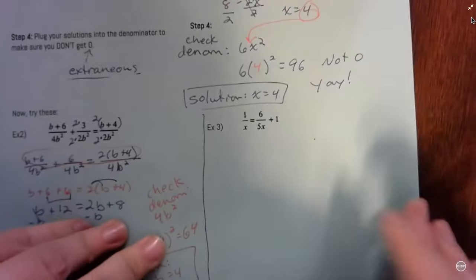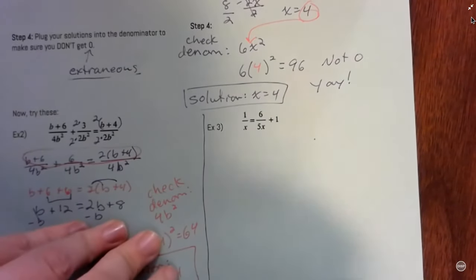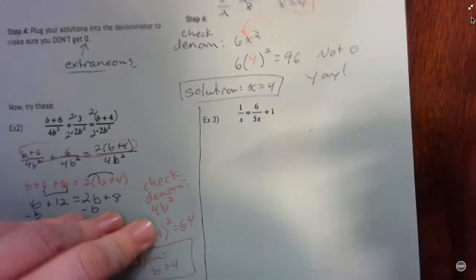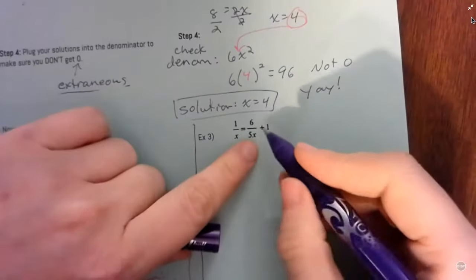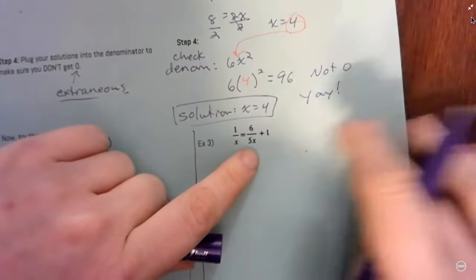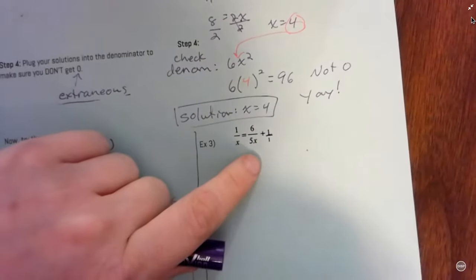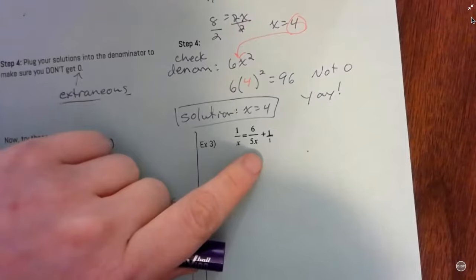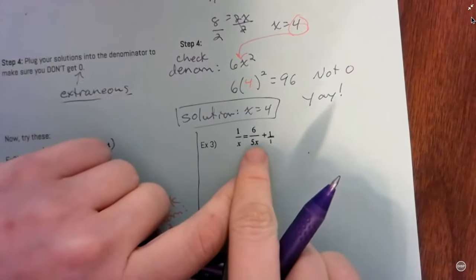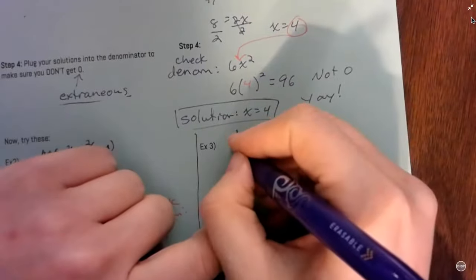And our last one. So we've got 1 over x equals 6 over 5x and then a 1. So first of all, sometimes if you see a whole number there, go ahead and put it over 1 so it looks like a fraction. Then let's go ahead and make all our denominators 5x, because this one I just have to multiply by 5, so that's easy.